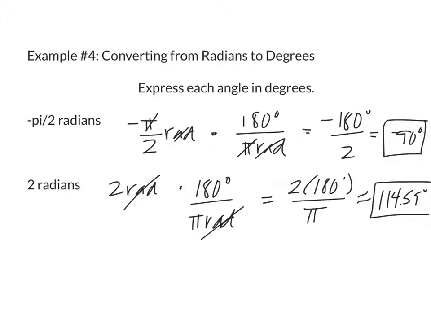With radians, we always leave them as fractions, no matter how ugly the fractions look. Degrees, you typically take out of fraction form and change to a decimal. We don't need to go past the hundredth place, so this should be fine.